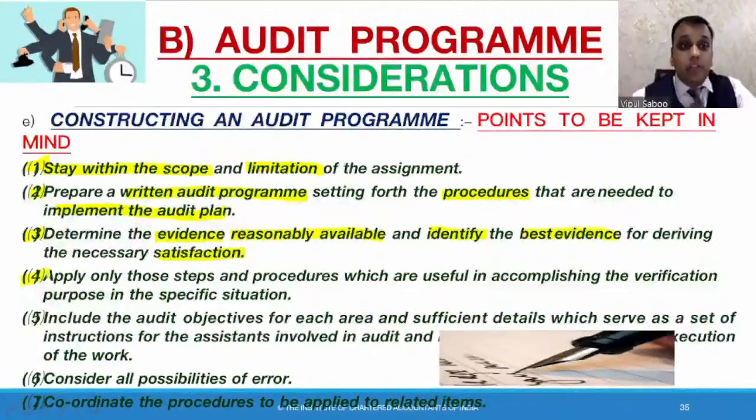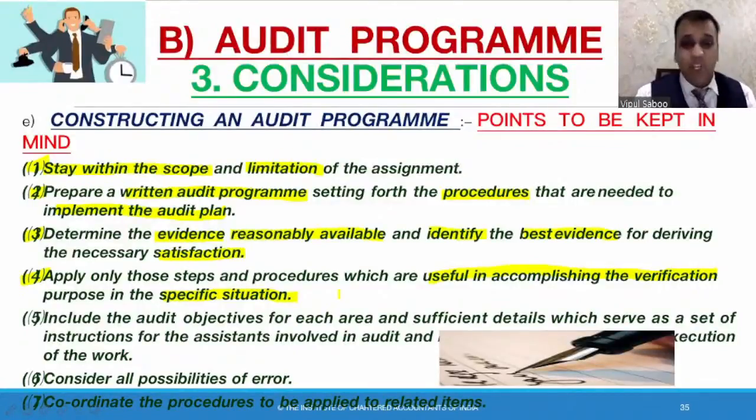Apply only those checks and procedures which are useful in accomplishing the verification purpose in the specific situation. Jay is there in the restaurant. He is there with me to audit the receipts and the expenses of the restaurant, and he says, sir, let's check the food quality. I would say, Jay, this is not in our scope.